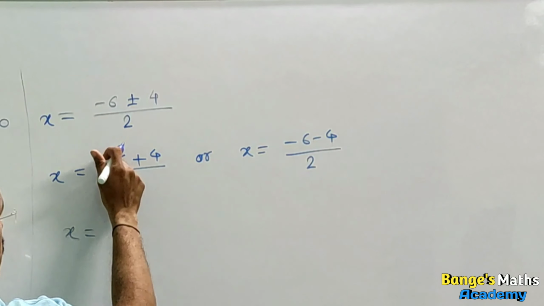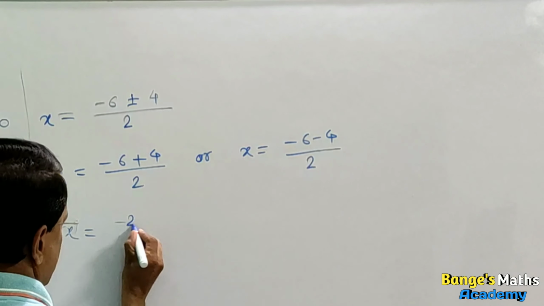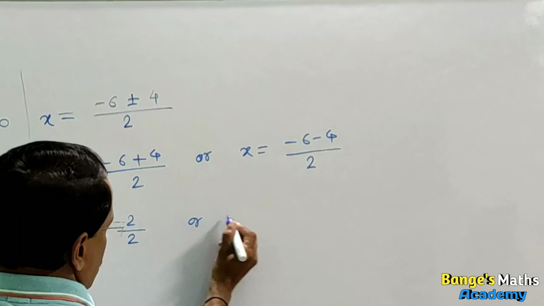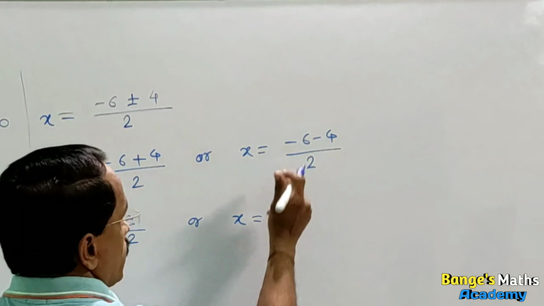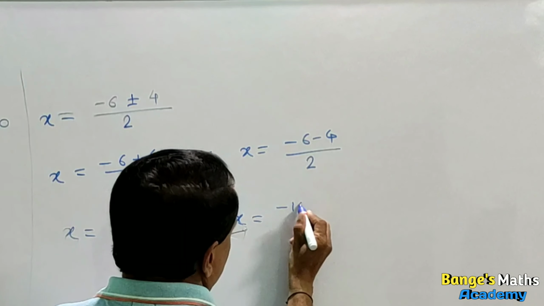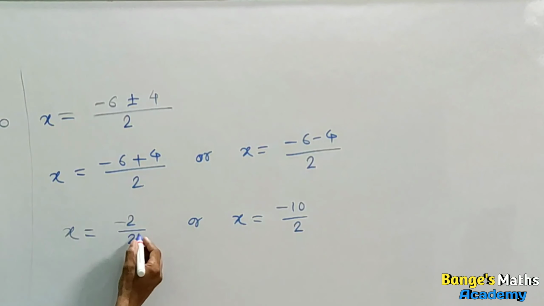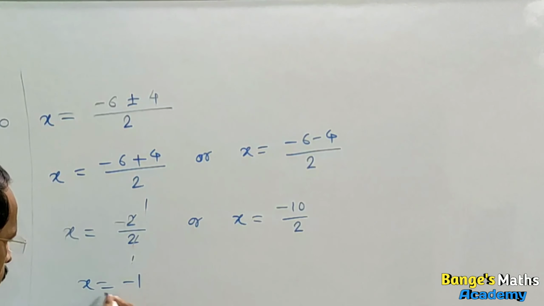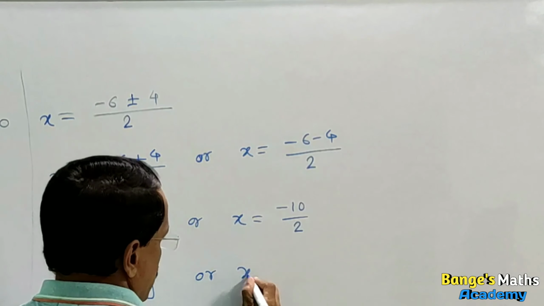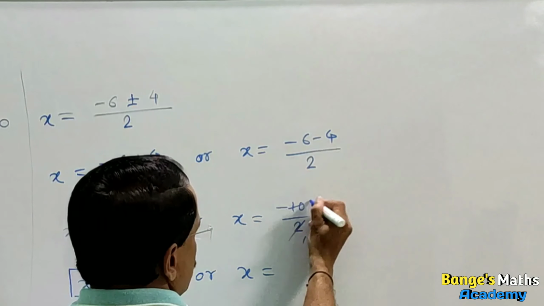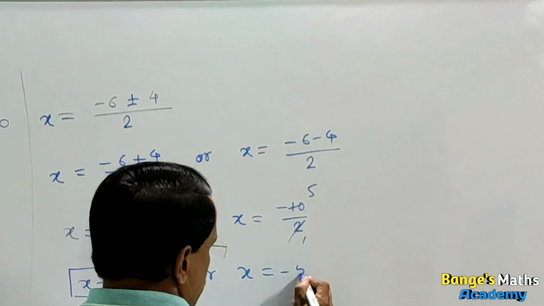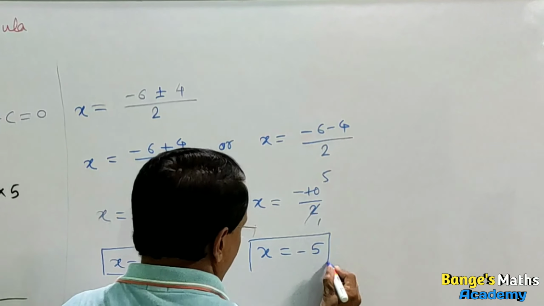X is equal to minus 2 upon 2, or x is equal to minus 10 upon 2. By cancelling, 2 ones are 2. X is equal to minus 1, or x is equal to 2 fives are 10. So x is equal to minus 5.